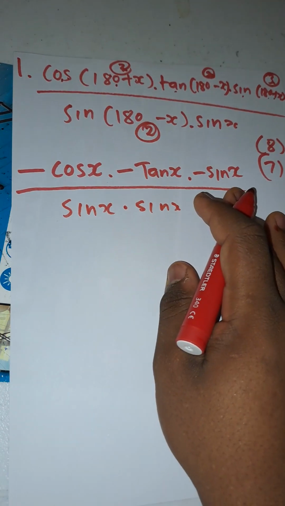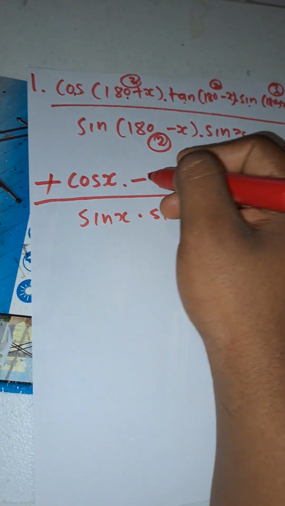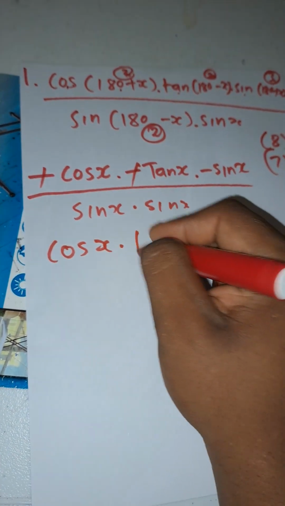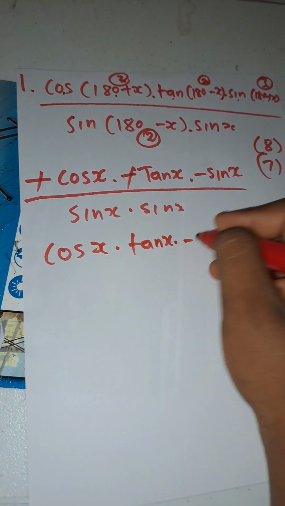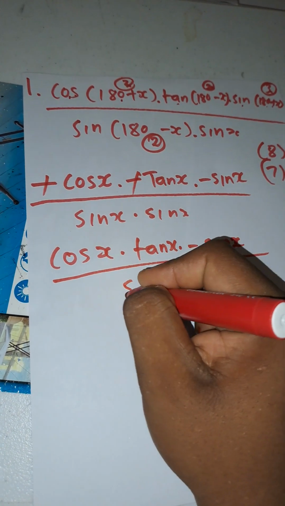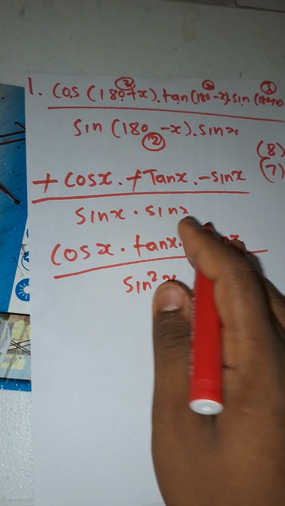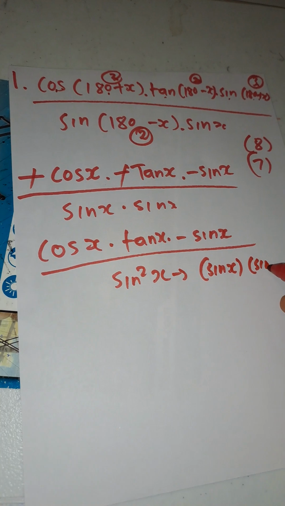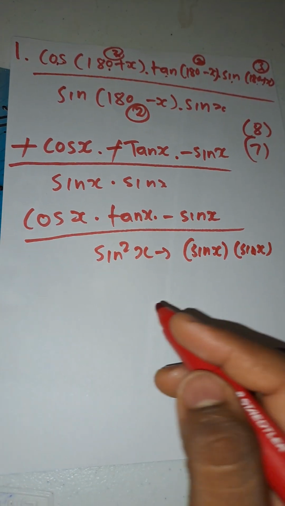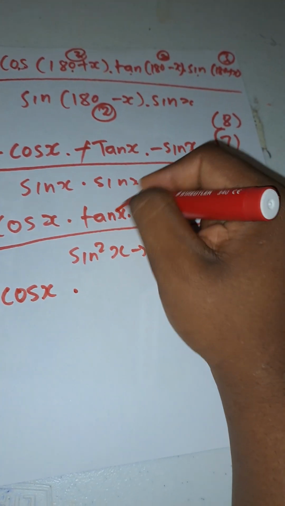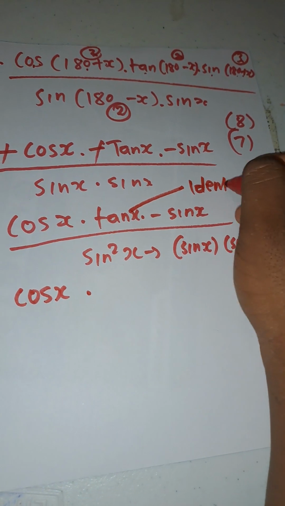So now, let's simplify things. My negative times my negative is positive, so I can eliminate this one and I'll be left with that one. So it will be positive cos x times tan x times negative sine x over sine times sine, which is sine squared x. But let me represent it like this: sine x, because I will have to cancel somewhere. So let me write cos x times tan x, which is an identity, remember.